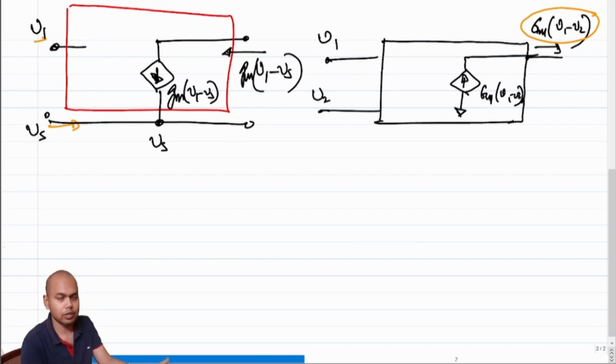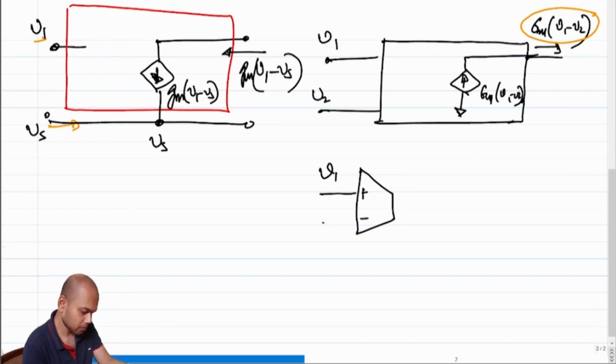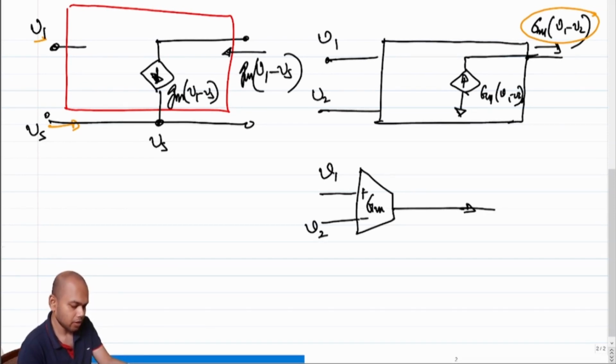The current is flowing into some internal reference. That is why this structure is again shortened and expressed in this format, and we simply call this Gm. This structure that you see here is almost like a triangle whose nose has been chopped off.